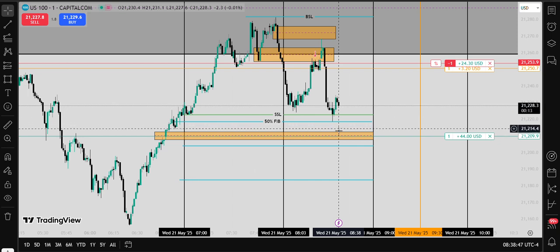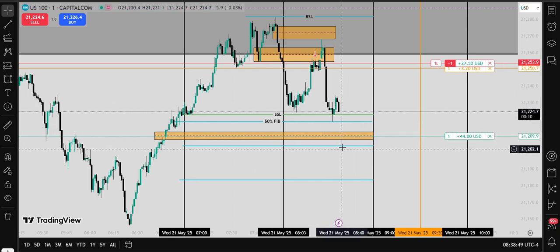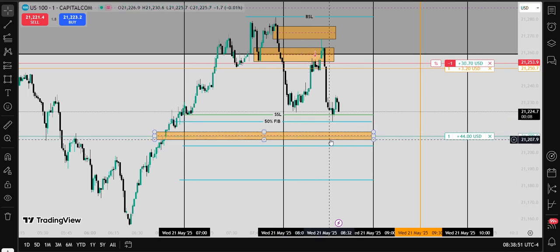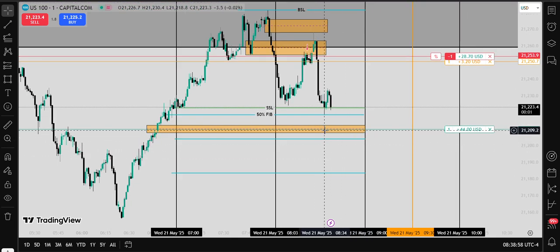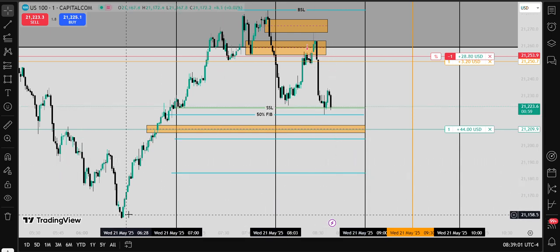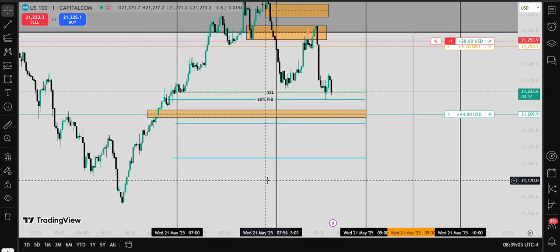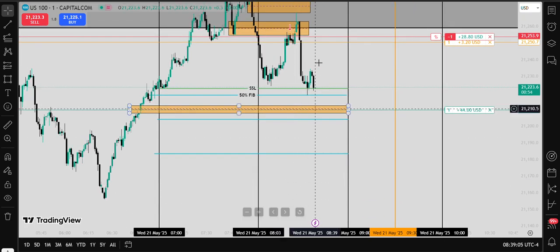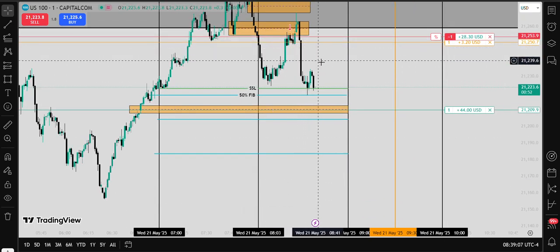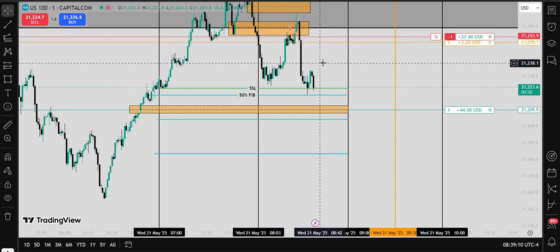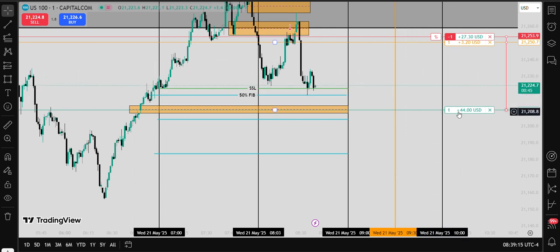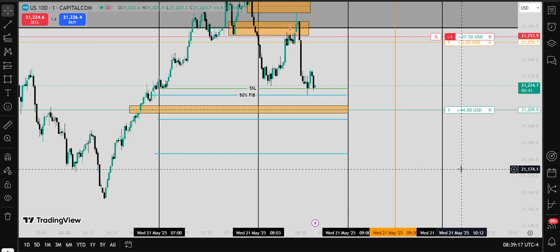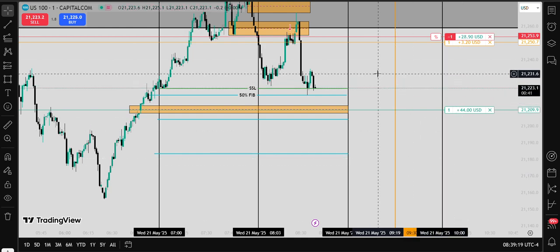But if we see a rejection of all these areas, that is, if the market closes right below this fair value, then it would mean that the market wants to take out this low, which is a good thing if you're like me, who has taken a trade right here. You're just going to be trailing your stop to areas that are significant as you trail your take profit. So you milk the market as much as you would want.